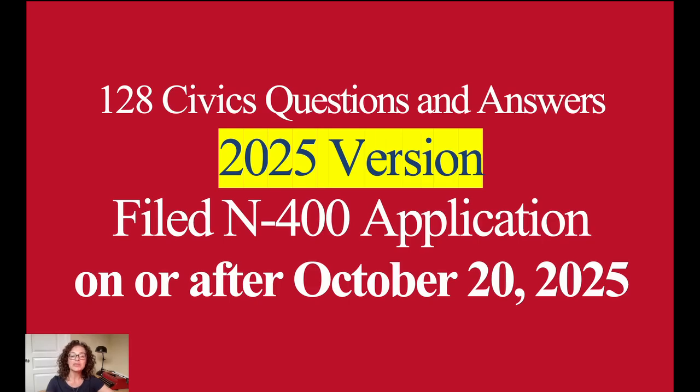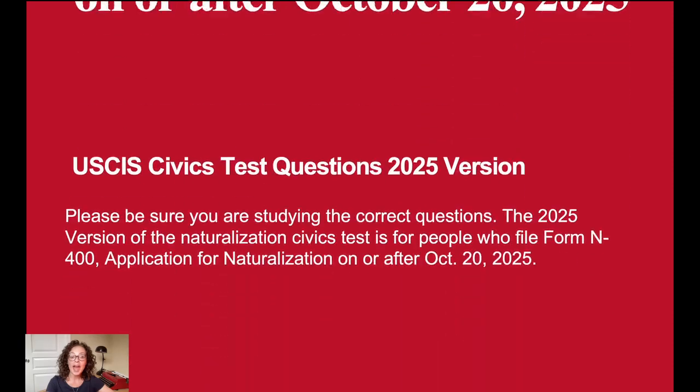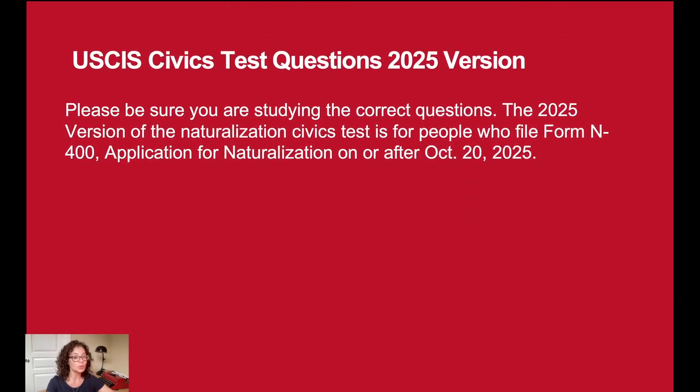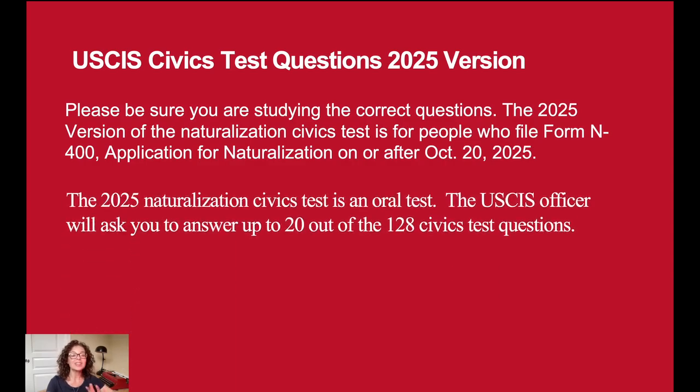The 2025 version of the Naturalization Civics Test is for people who file Form N400 on or after October 20th, 2025. Okay? Now, the 2025 Naturalization Civics Test is still an oral test.